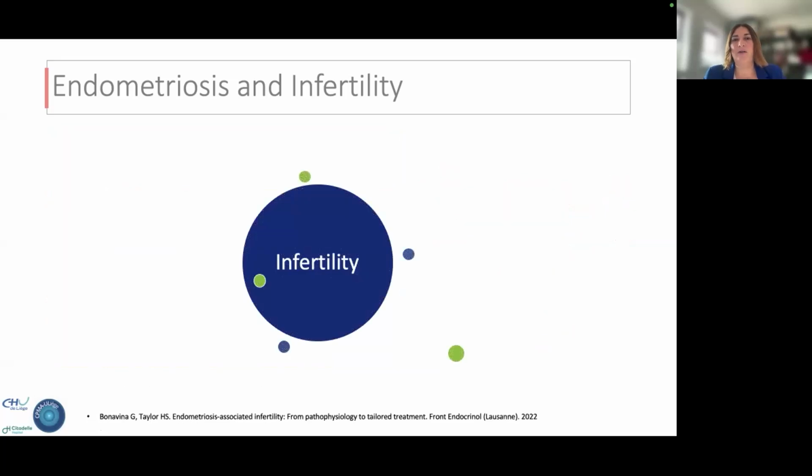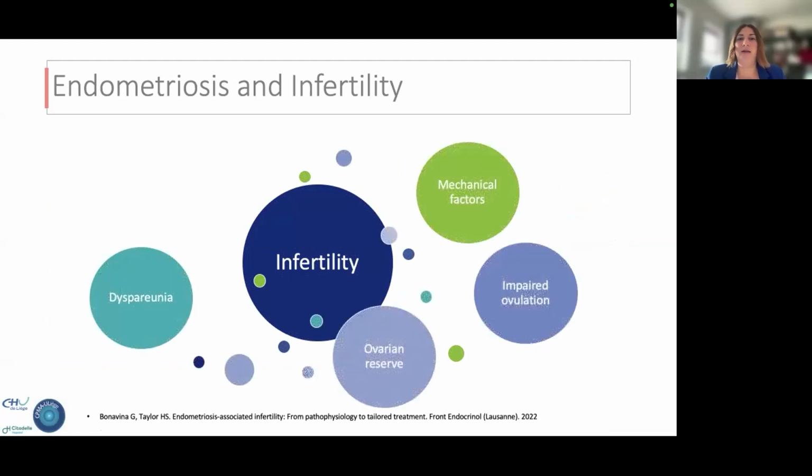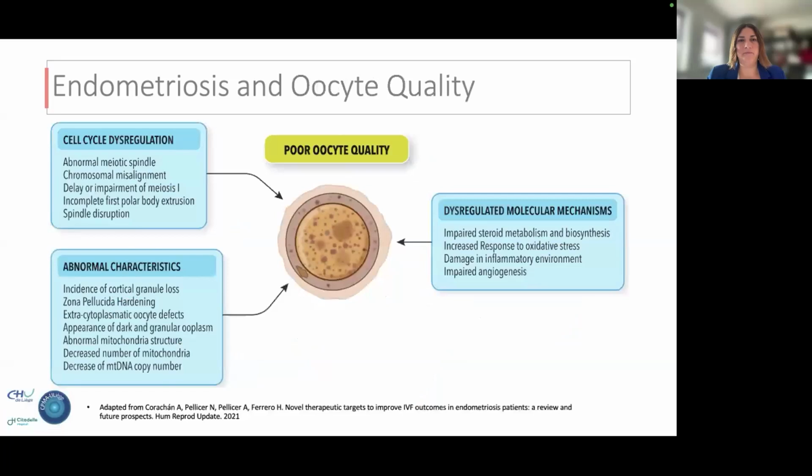And several factors observed in patients with endometriosis will influence fertility, including dyspareunia, mechanical factor, ovarian reserve, impaired ovulation, and endometrial receptivity.